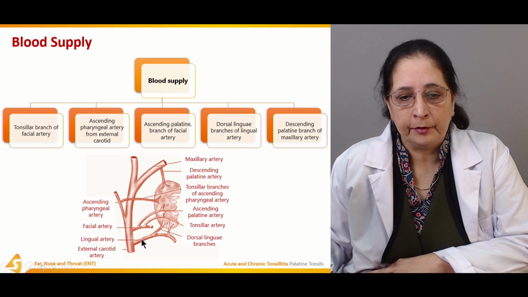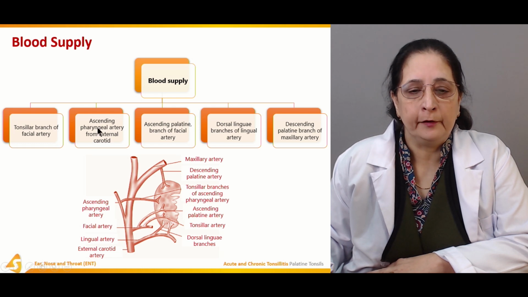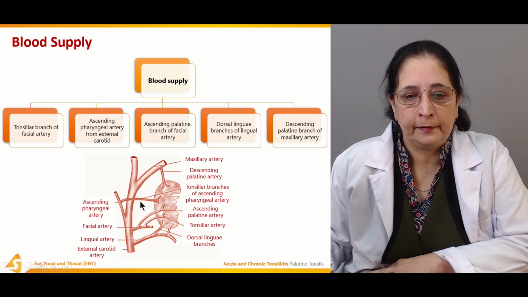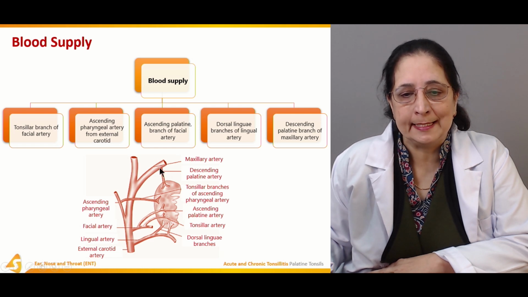External carotid artery gives the branch here, which is the ascending pharyngeal artery. Maxillary artery gives the descending palatine artery here.